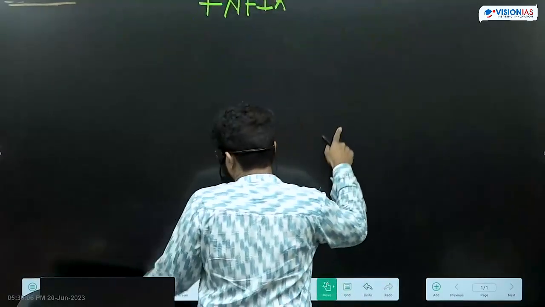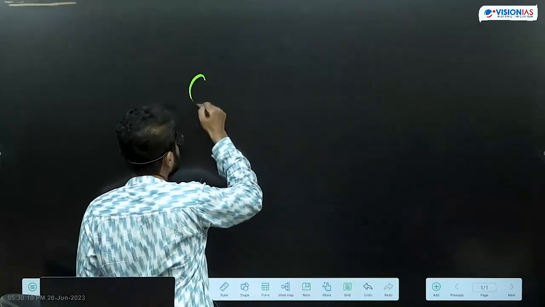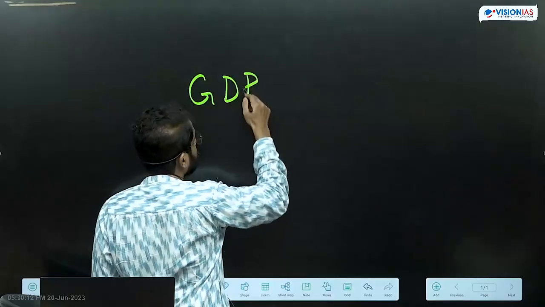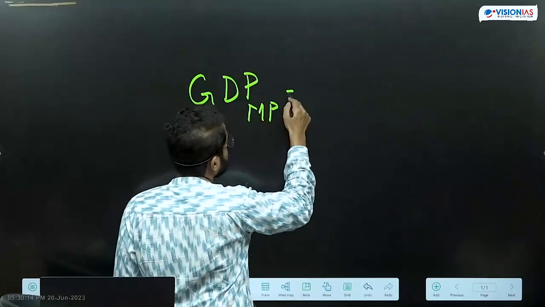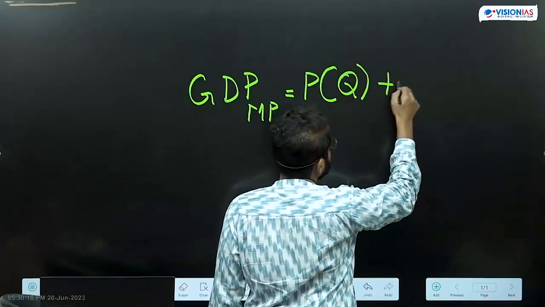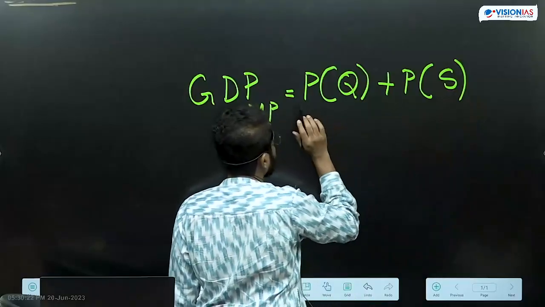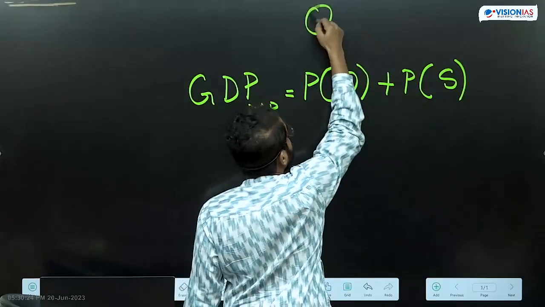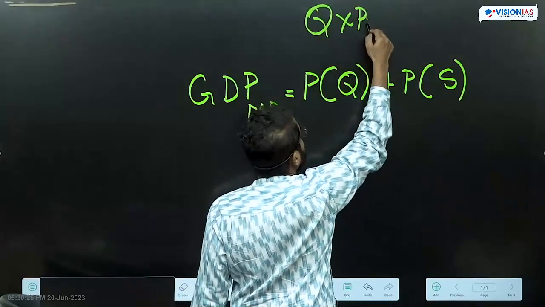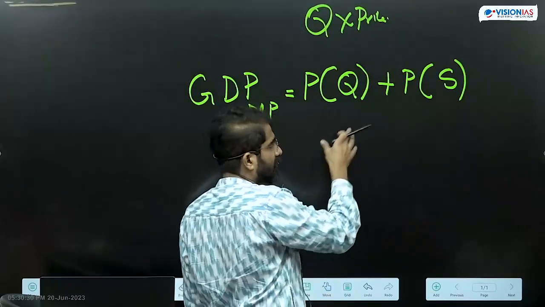So in the final product method, how do I calculate the GDP? See here, basics class. Remember we used quantity into price for GDP calculation. This is the same.